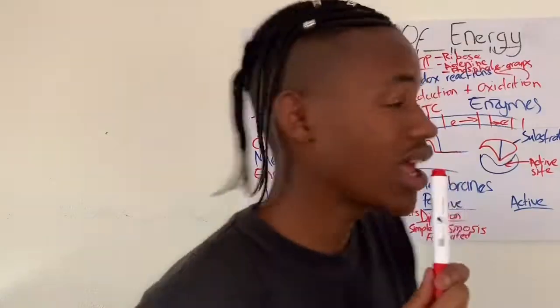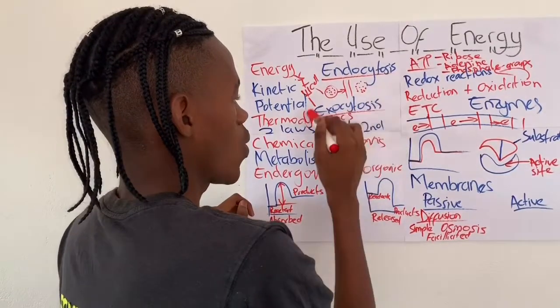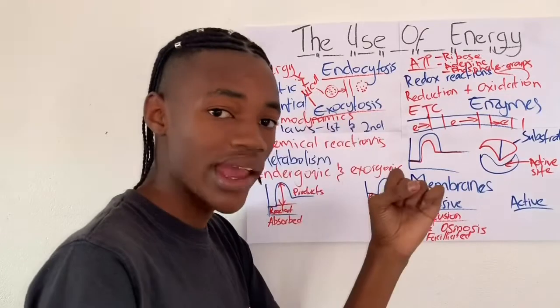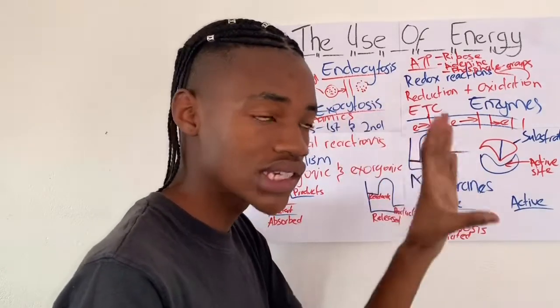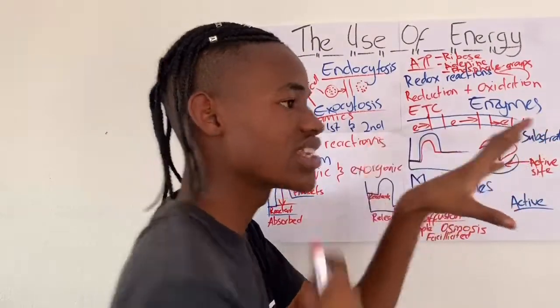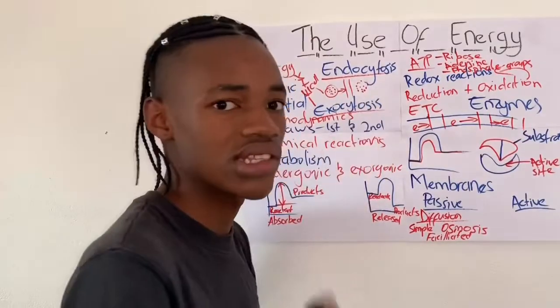Wait, I'm really sorry. I just explained exocytosis, whereby the vesicle is made inside the cell, and then the vesicle touches the cell membrane, and it takes the substances out of the cell.